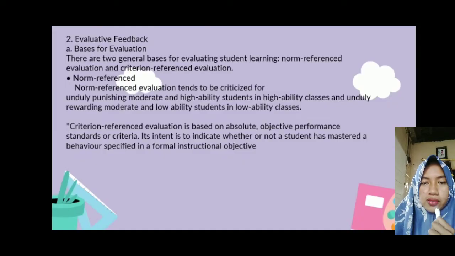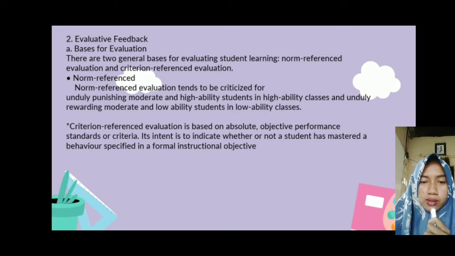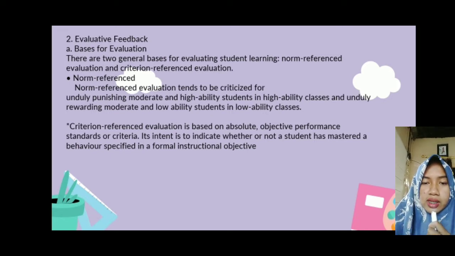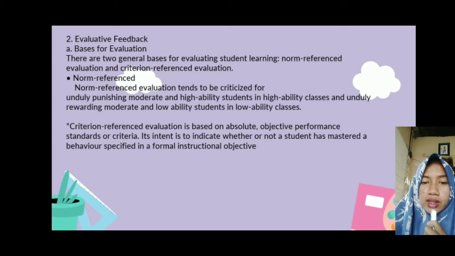Okay, the next is evaluative feedback. The first one is basis for evaluation. There are two general bases for evaluating student learning. The first one is norm reference evaluation, which tends to be criticized for unduly punishing moderate and high ability students in a high ability class and unduly rewarding moderate and low ability students in a low ability class.